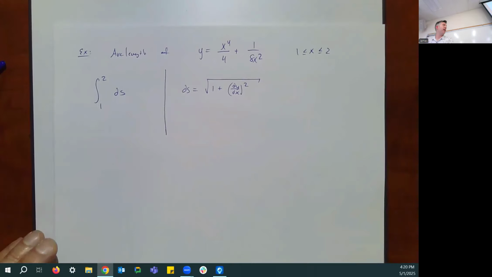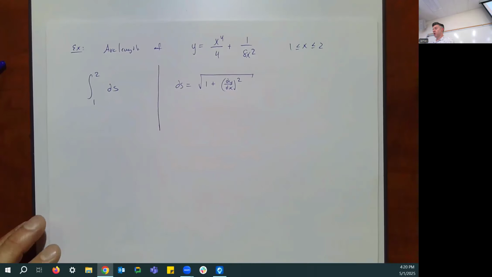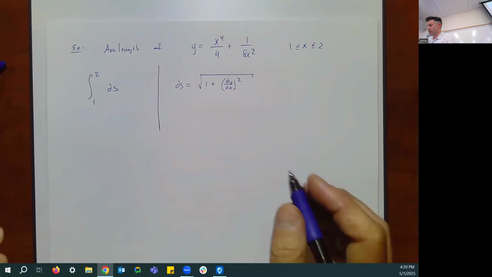The thing that's about to happen happens often. When we find our derivative and square it, what we're going to see is that our derivative squared has a negative 1/2 as the middle term. So check this out.